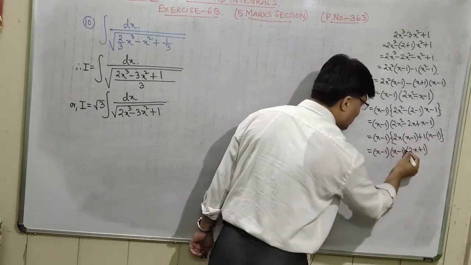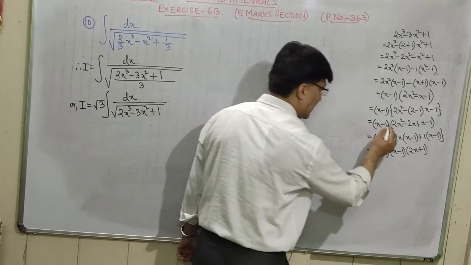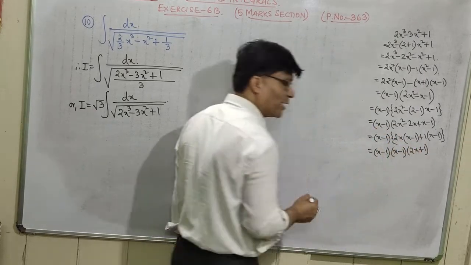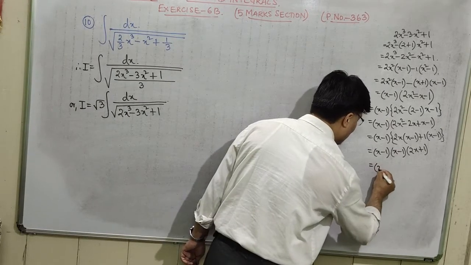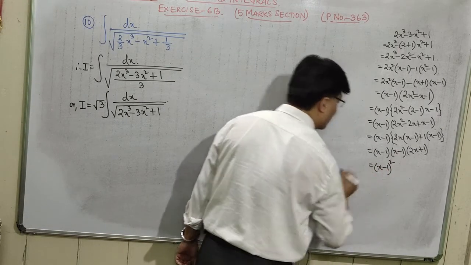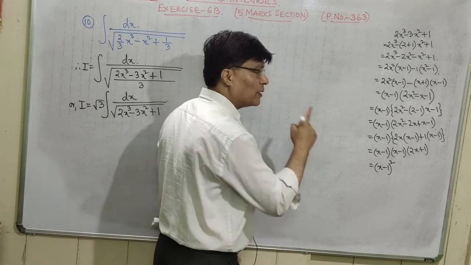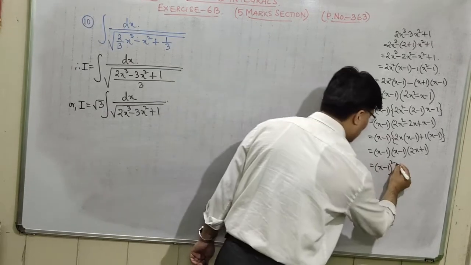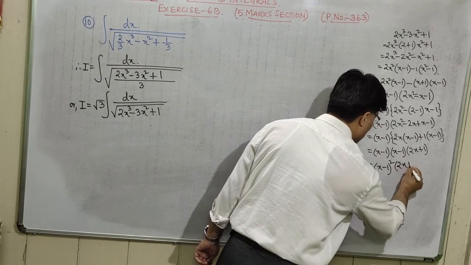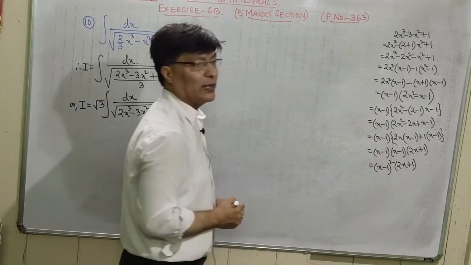Because here x minus 1 is common, it is taken outside, and the remaining terms are kept within bracket, that is 2x plus 1. Okay, so what is x minus 1 into x minus 1? It is x minus 1 whole square. Into, you have to write here, 2x plus 1.